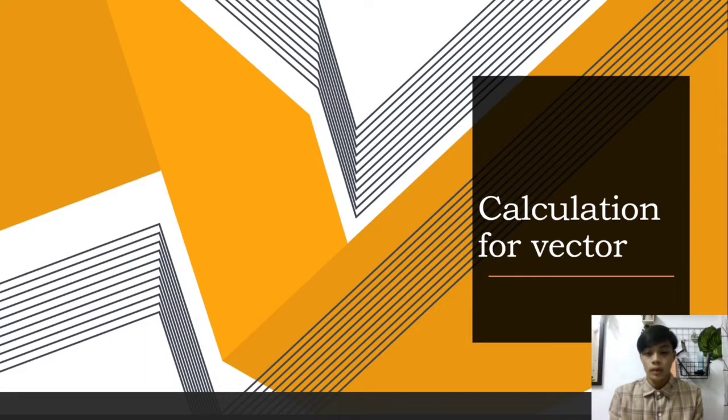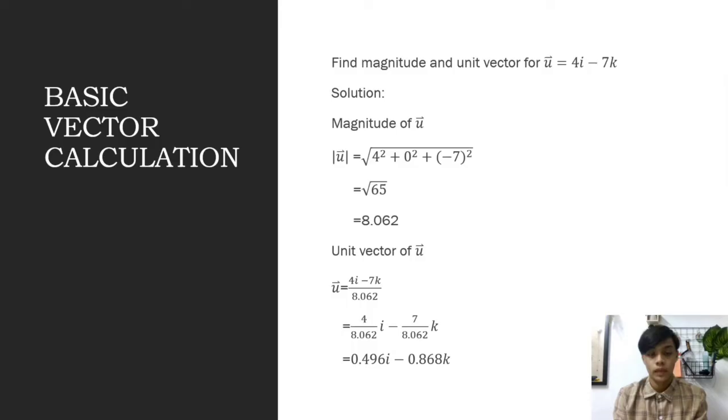Today I want to explain about calculation for vector. First is basic vector calculation. For example, find magnitude and unit vector for u equals 4i minus 7k. The solution for this question: first, you must find the magnitude of u.